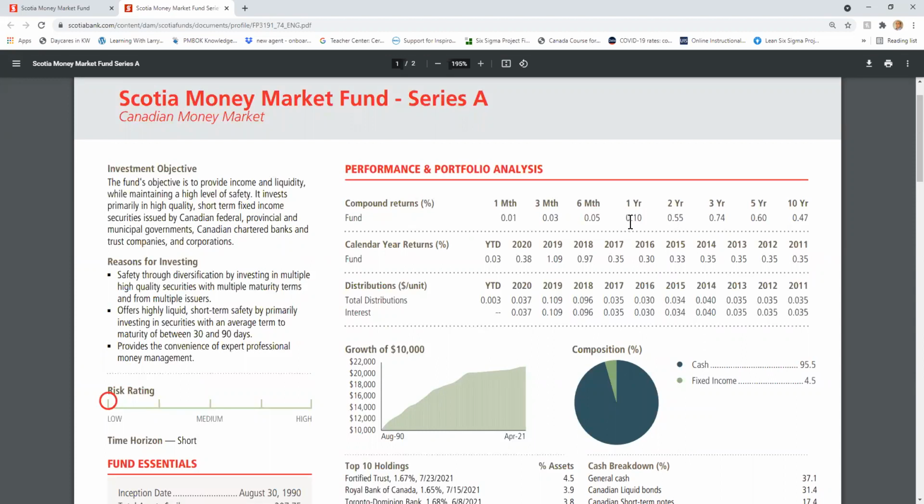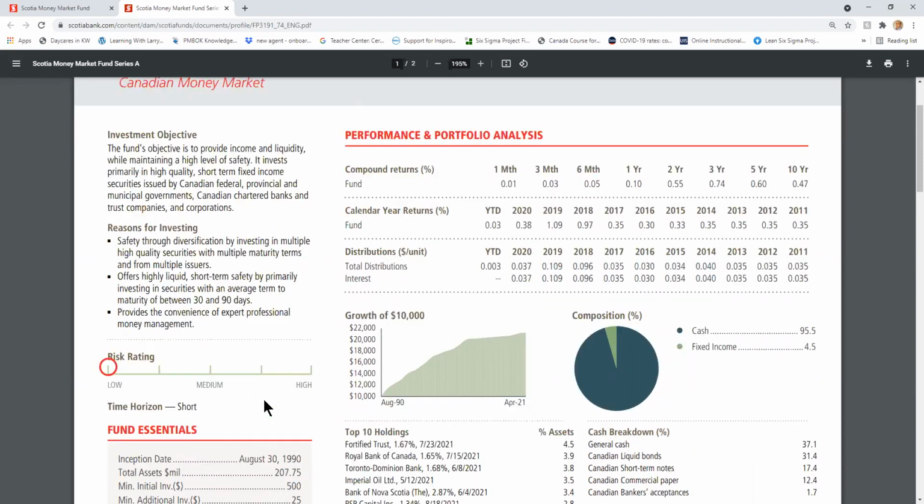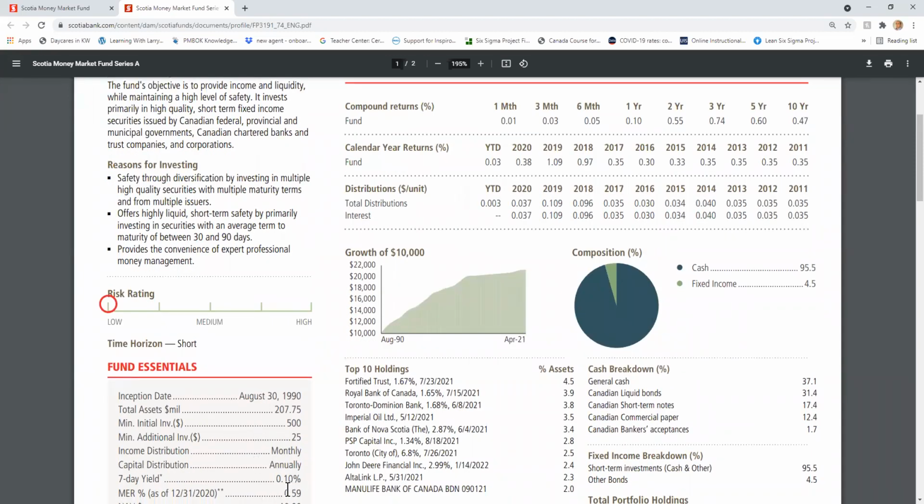In 1 year, if it made 0.10, it actually made more than that: it made 0.69, they subtract the 0.59, and you're left with 0.1. So these returns all have the MER subtracted already.